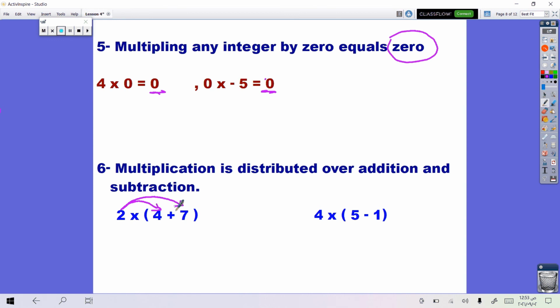So the first number here is 2. So 2 by 4. We will keep the plus sign in between and then multiply 2 by 7.